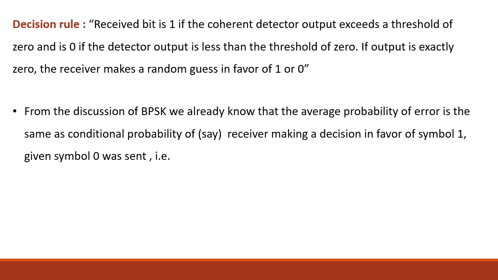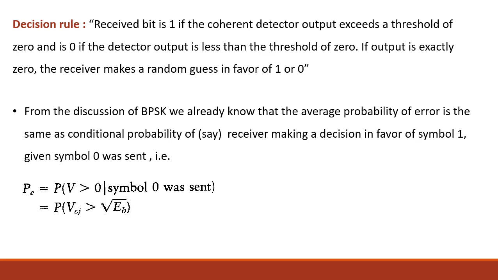So here we have considered the instance where we make the error of deciding in favor of symbol 1 when actually symbol 0 was sent. In this particular scenario, the probability of error is the probability of capital V being greater than 0 given that symbol 0 was sent.